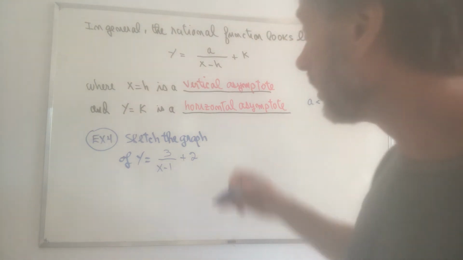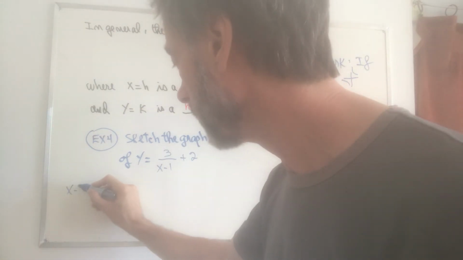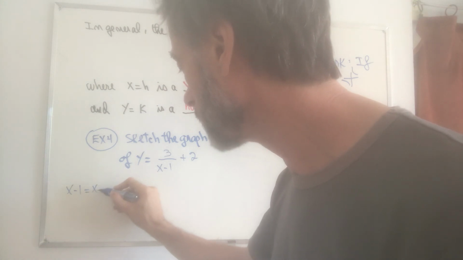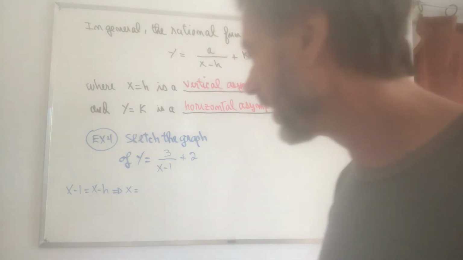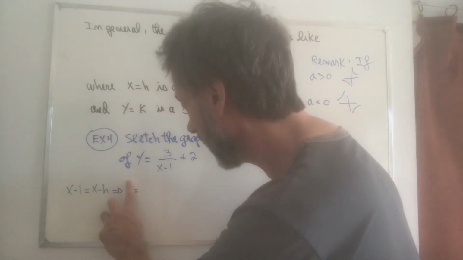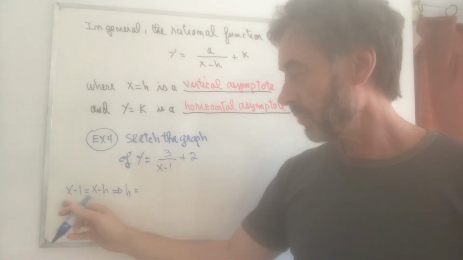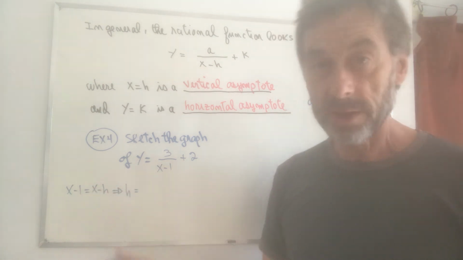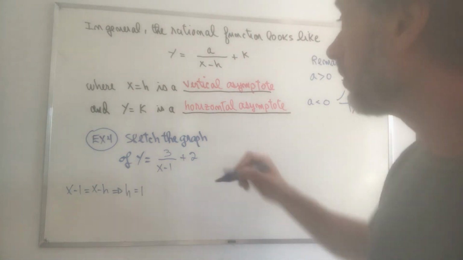X minus 1, we shall compare this to x minus h, out of which, what will we get as a value for actually h, not x, my bad, for h? Well, bring it over, the x's cancel, and you will get that h is 1. As for the k, well, compare this.